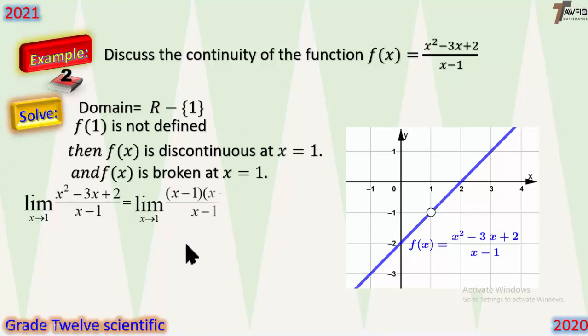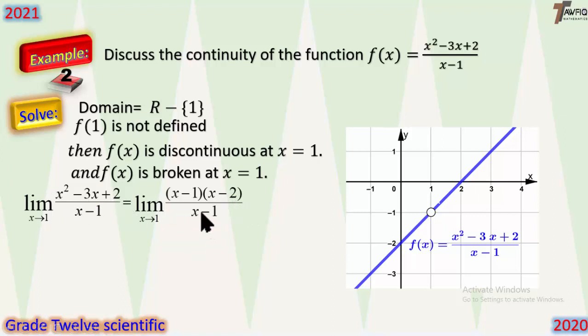To know whether this discontinuity is removable or not, we must find the limit when x approaches 1 of (x squared minus 3x plus 2) over (x minus 1). Factoring x squared minus 3x plus 2 by opening two brackets: (x minus 1)(x minus 2).